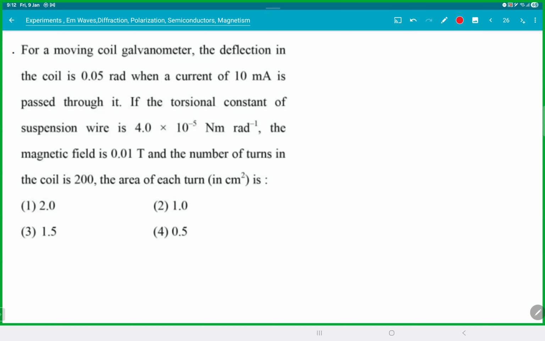Moving coil galvanometer experiment. Now, in case you forgot the experiment, listen. This might also be there for your HSC boards.